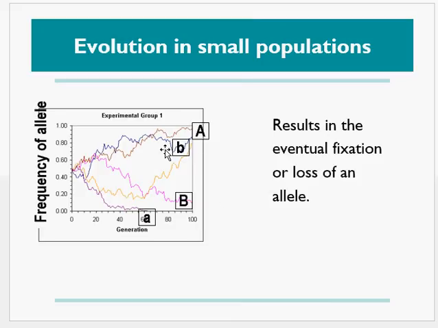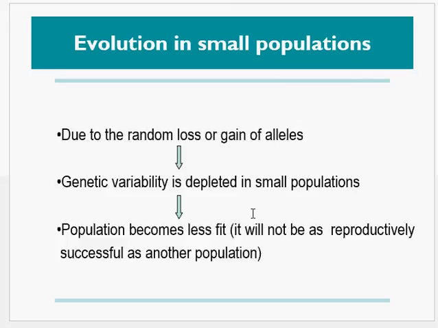Now, this, unlike selection, is not controlled by the environment. It is an entirely random process. So a gene may be just as beneficial to the organism in the current environment as another gene, but it can be lost anyway. And it can be lost anyway because it's an entirely random process.